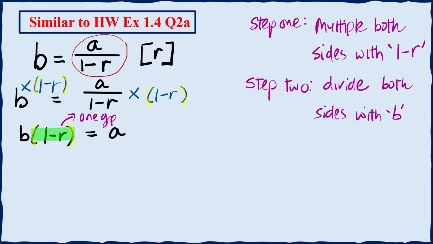This term here on the left means b times bracket 1 minus r, and the opposite of times is divide. So therefore, we need to divide both sides with, sorry, I need to divide both sides with b, and I'll end up with 1 minus r equals a over b.